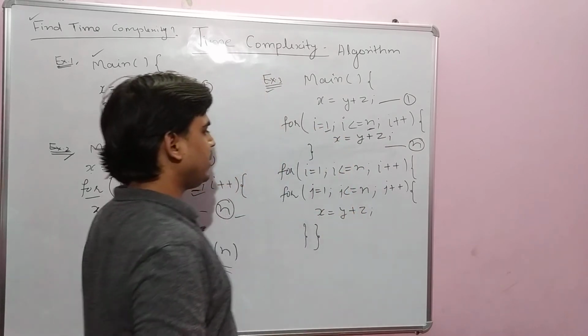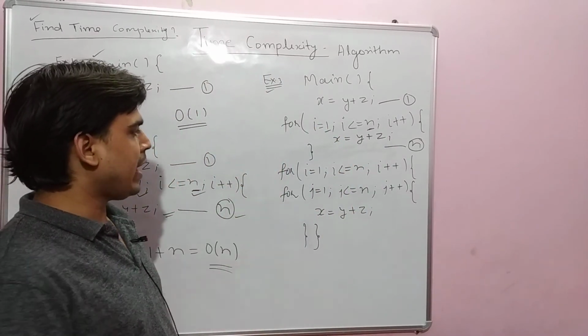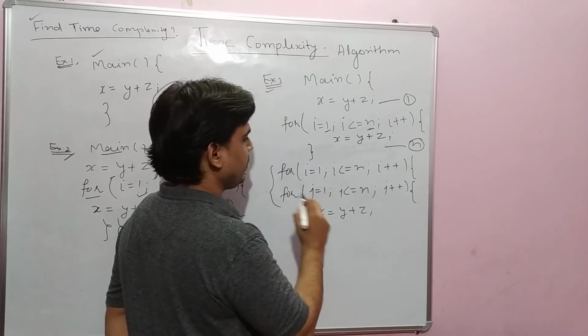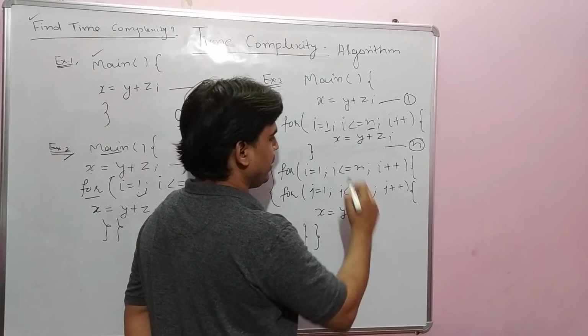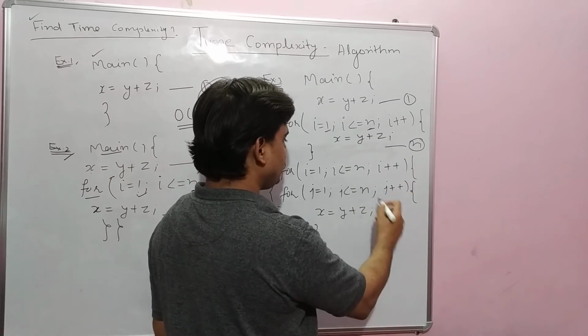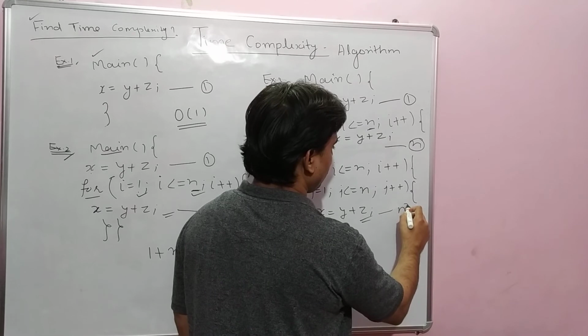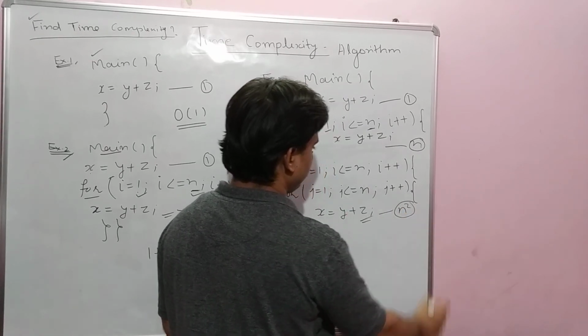And these two are nested loops, i from 1 to n and j from 1 to n. So this statement will execute order n square times, n into n.